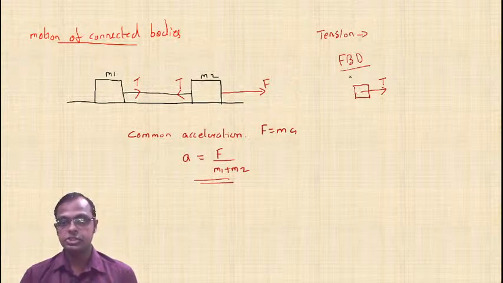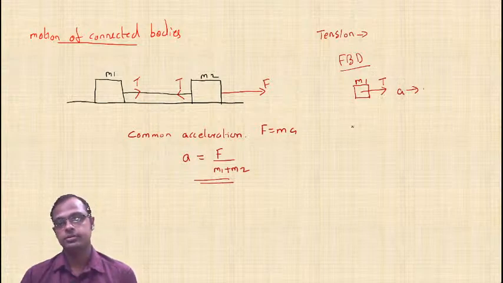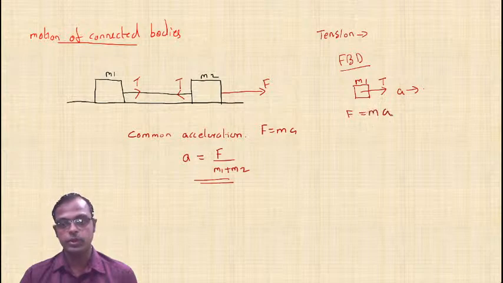So this tension makes the body M1 accelerate towards the right, correct? According to Newton's second law, F is equal to m into a. Here the force is tension. So tension is equal to m1 into the acceleration, since m1 is the body accelerating due to tension.